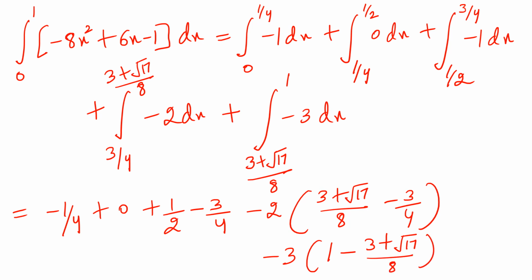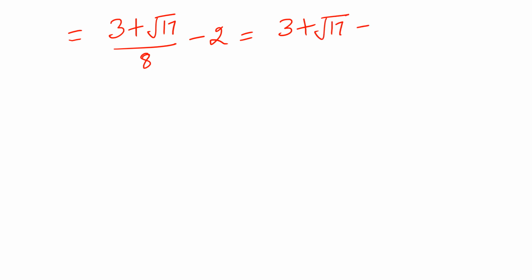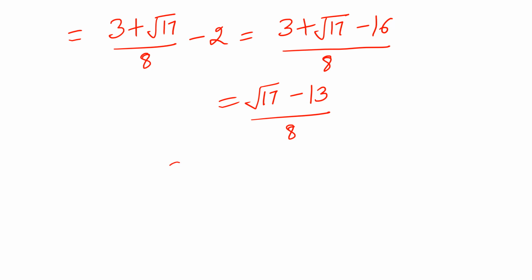Now just calculate it and get the answer. Now students, after doing calculation, we get 3 plus root 17 whole divided upon 8 minus 2, and this is 3 plus root 17 minus 16 whole divided upon 8, or root 17 minus 13 whole divided upon 8. So hence option C is the correct one.